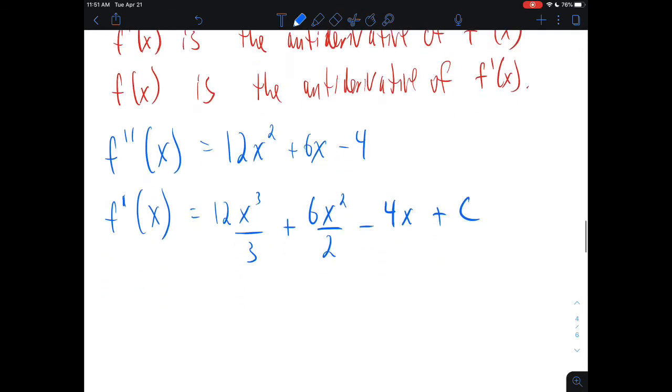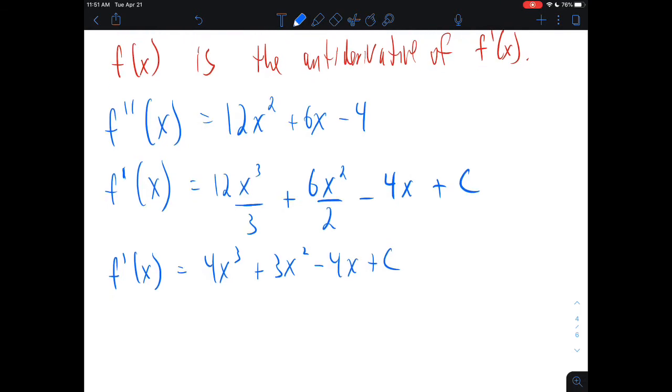So now f prime of x, we have it here. Maybe let's rewrite that in a simpler way. So this becomes 4x cubed plus 3x squared minus 4x plus c. And now let's find another antiderivative to get f of x.